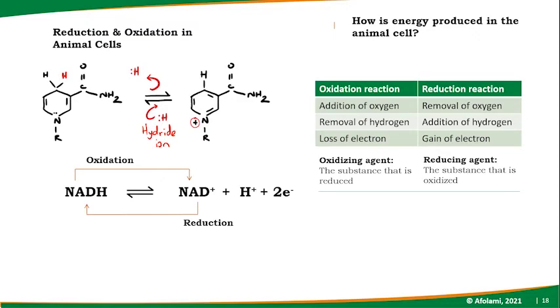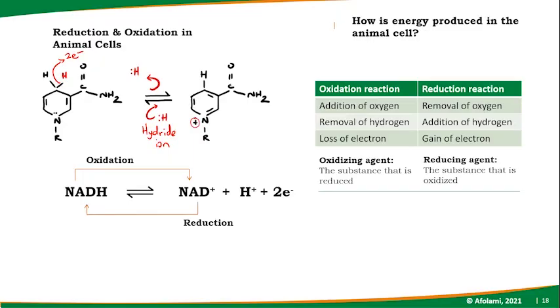So if you look at this hydrogen, hydrogen here is lost because in the process of losing hydrogen, the electron that forms this covalent bond is lost. So 2 electrons are lost here.